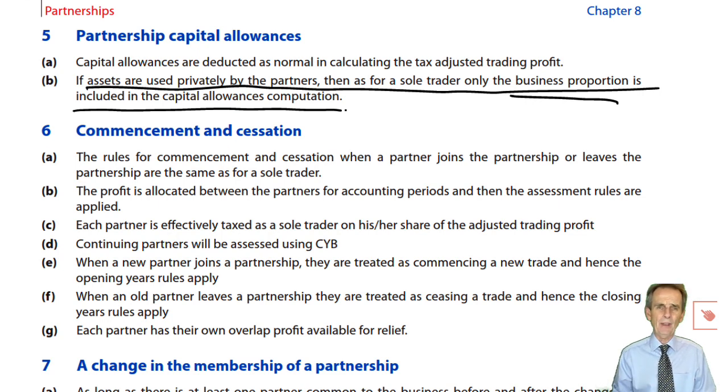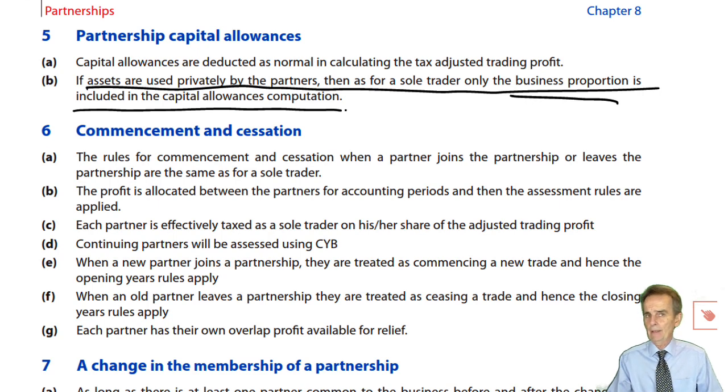Once we've got each individual partner's tax adjusted trading profit, we need to assess it. And at the moment, all we've had to deal with is somebody who's been a partner throughout that period. It's a continuing business. So what do we use? We use current year basis, CYB. But if a new partner has joined the partnership, then as far as they're concerned, that's a new business and therefore we've got to use the opening year's bases of assessment. It is they that will apply to the individual new partner.